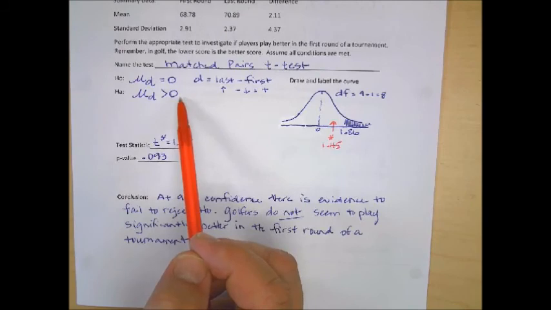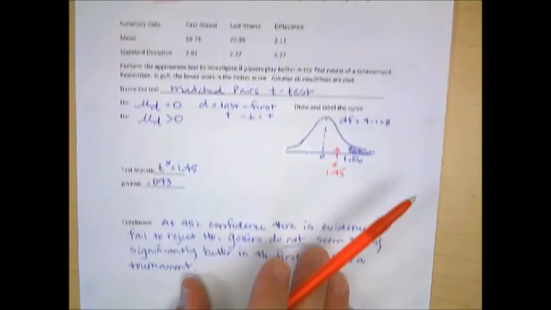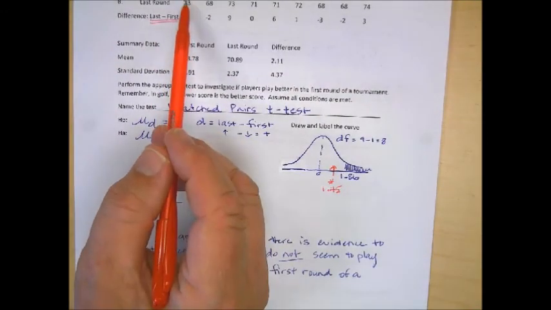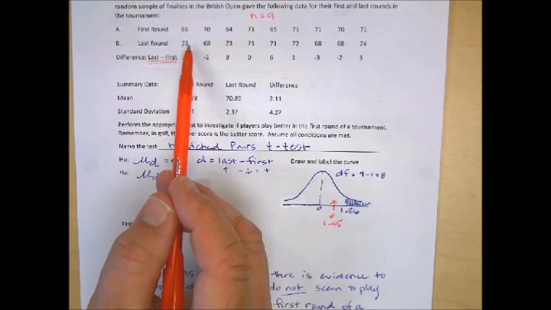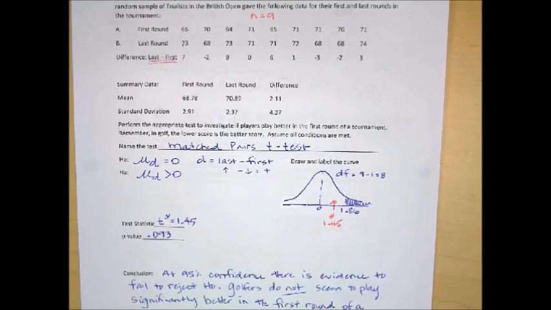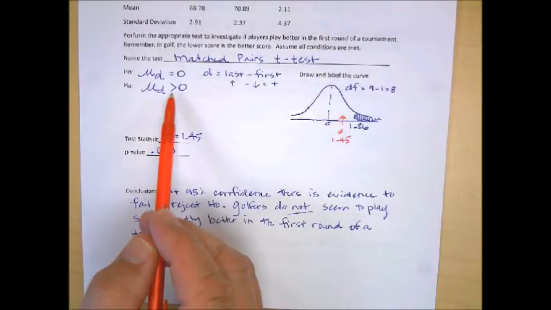The reason it's greater than 0 is because if we go last round minus first round, we expect the last round to be a bigger number than the first round if, in fact, golfers play better in the first round. So we're really testing to see if mu of D is greater than 0.